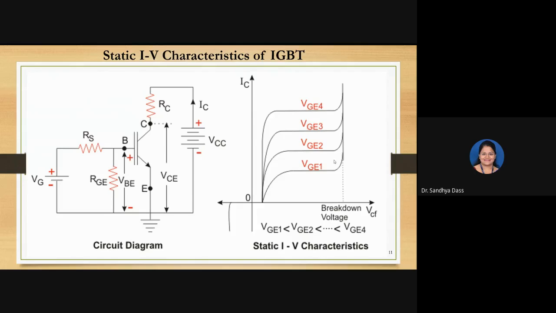Except, what is the difference there? Here, the parameter that is kept constant is VGE, isn't it? What about in BJT? What parameter do you keep constant for your output characteristics? Can anyone answer this?